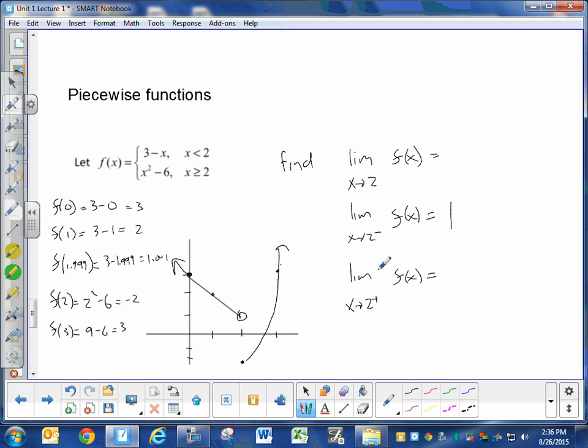But if we look at 2 from the right, a little bit to the right of 2, my function values are approaching -2. Which means the limit as x approaches 2, in general, of the function does not exist. Does not exist works for limits, undefined values for functions.